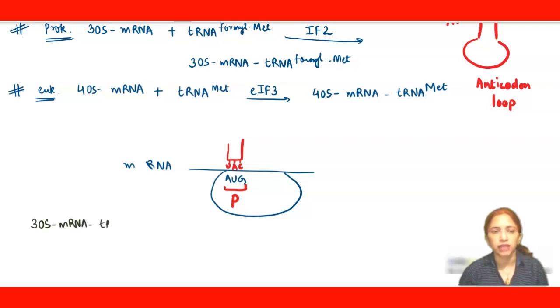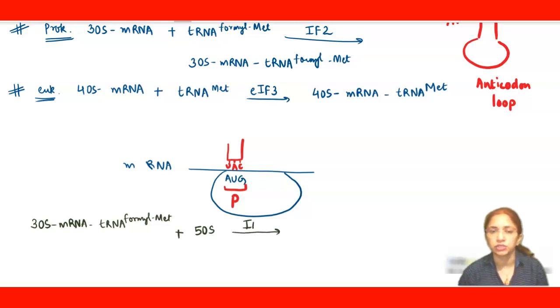This was attached to transfer RNA which carried formylated methionine. Now our things are ready. Now the role of the larger subunit will come. This is the time to make the functional ribosome, and the functional ribosome will only be formed when the smaller subunit is united with the larger one. So that's what we are doing here.